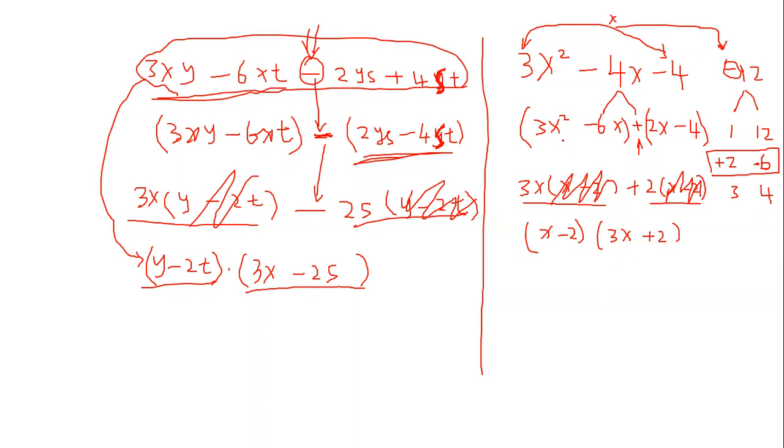So 3x squared minus 4x minus 4 can be factored into x minus 2 times 3x plus 2. So we have 2 factors, and both are first powers. That is how we factor 3 terms when the leading coefficient is not equal to 1.